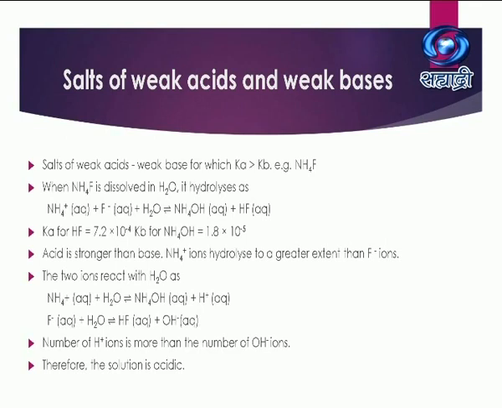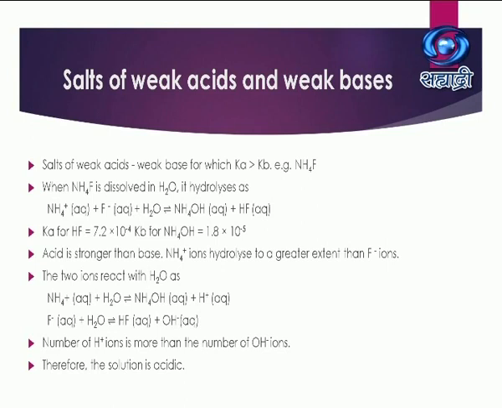Now what is the hydrolytic equilibrium? NH4 plus aqueous plus F minus aqueous plus H2O reversibly gives NH4OH aqueous plus HF aqueous. Now the acid is stronger than the base, so NH4 plus ions hydrolyze to a greater extent than F minus ions.